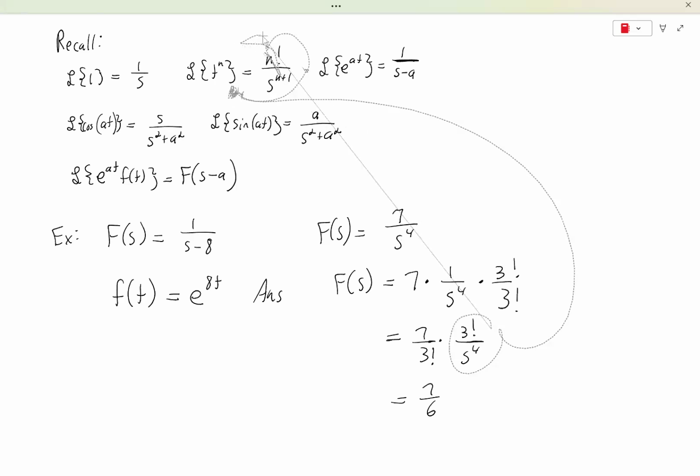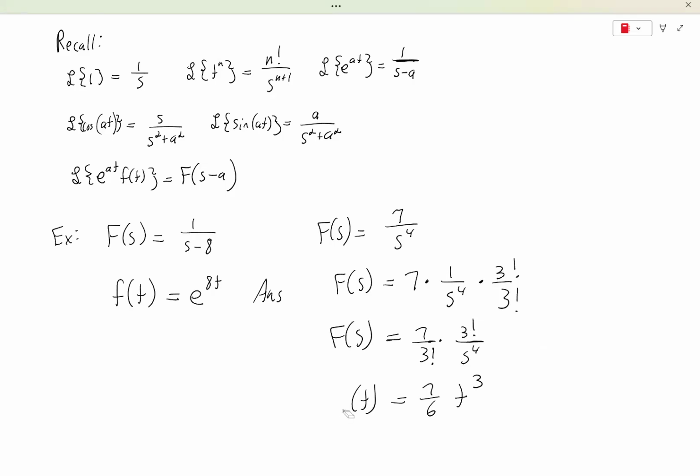Or I'm sorry, it'd be t to the 3rd, because the n is 3 there. So that's the f of t. This is capital F of s, and this is little f of t. That'd be the inverse then. Okay, anything there?